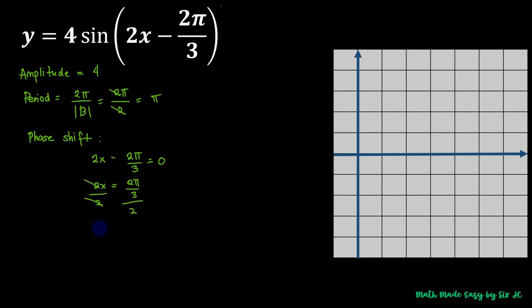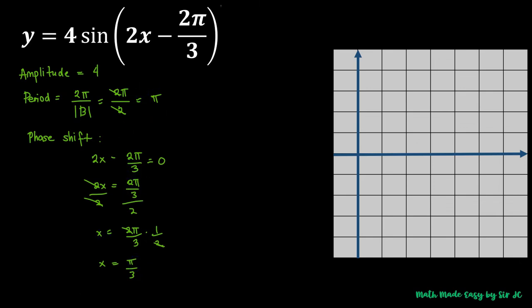So cancel this. Therefore, x equals 2 pi over 3 times the reciprocal of 2, that is 1 half. Then multiply. So we cancel this. 2 pi times 1 is pi over 3. So therefore, the phase shift of the function is pi over 3.